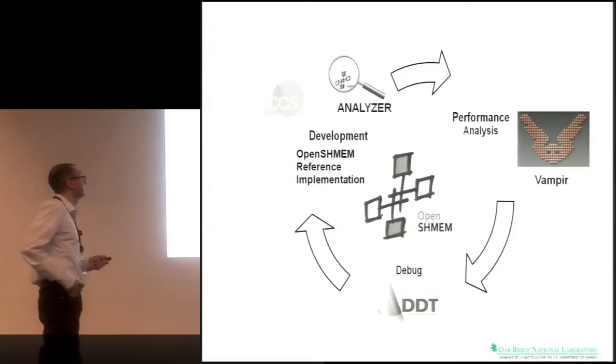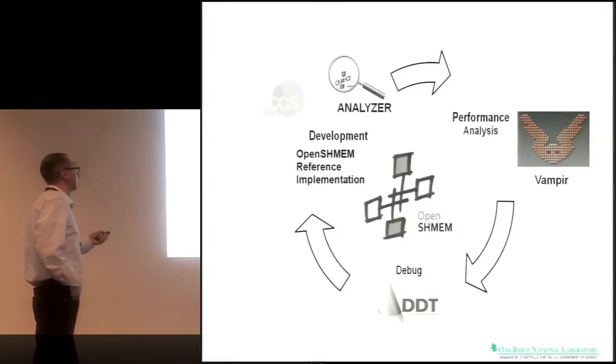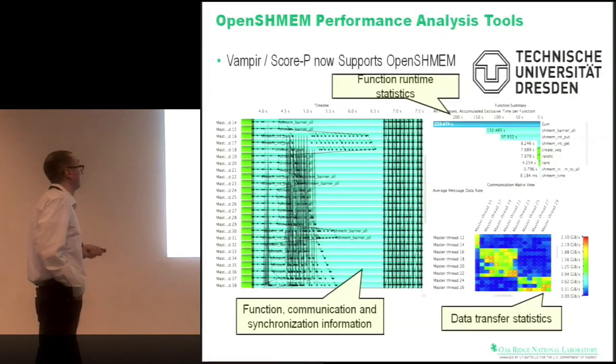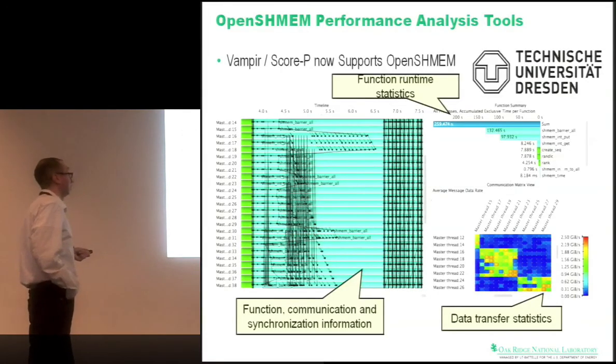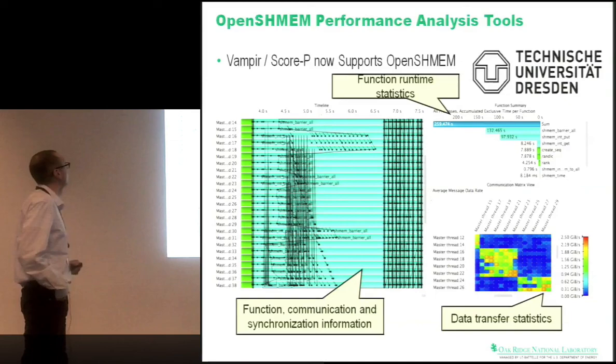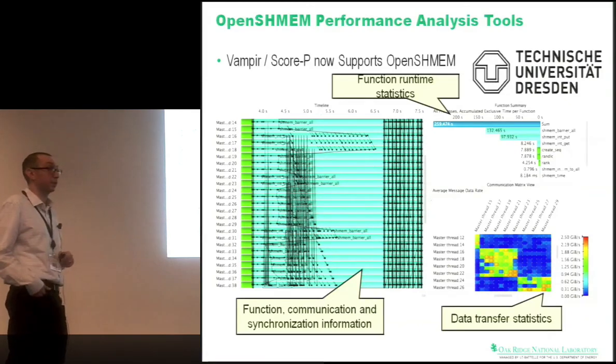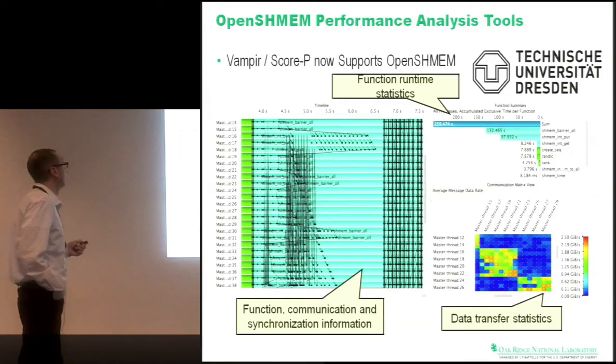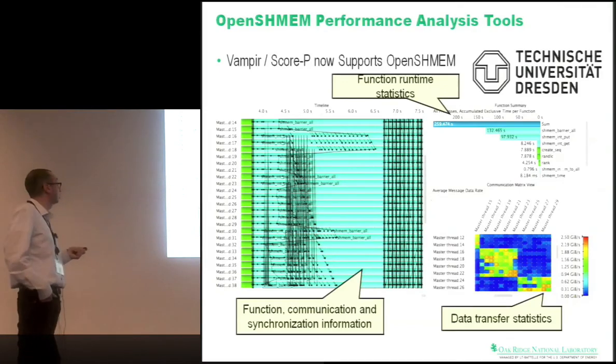One more tool, Vampir Trace. You may know this tool from the MPI world. Essentially, we work closely with Dresden University to make sure that the tool supports OpenSHMEM. It's actually a really, really nice tool.